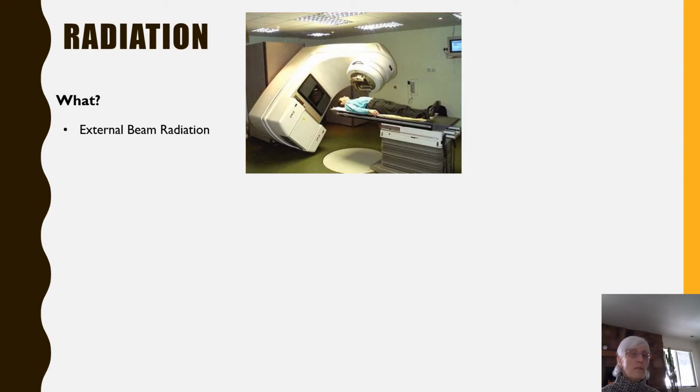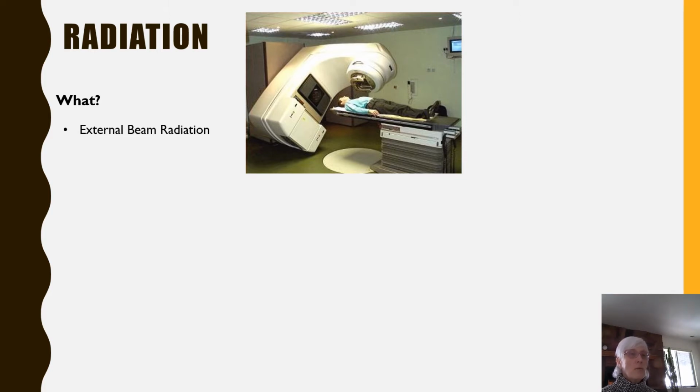There are several different types of radiation therapy, and the most common one, the one with which you're probably most familiar, is external beam radiation. And I have an image here of the machine that is going to be emitting that radiation.